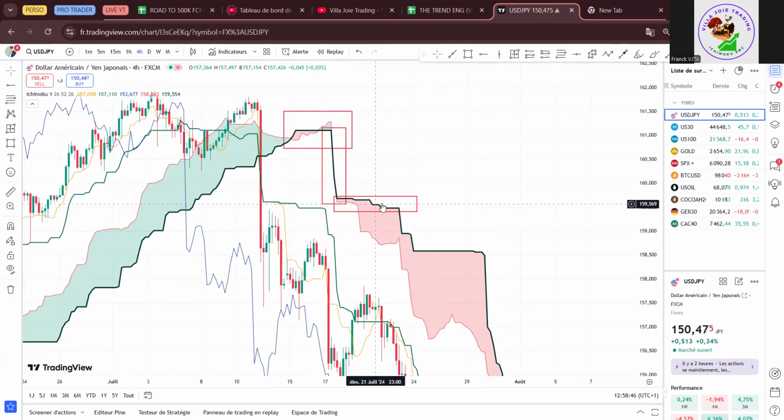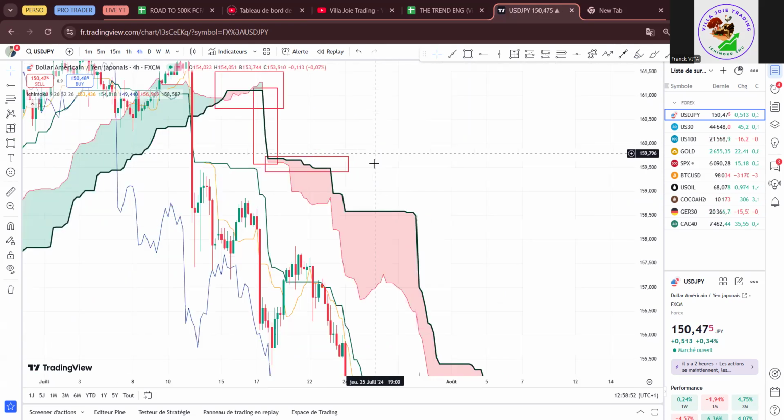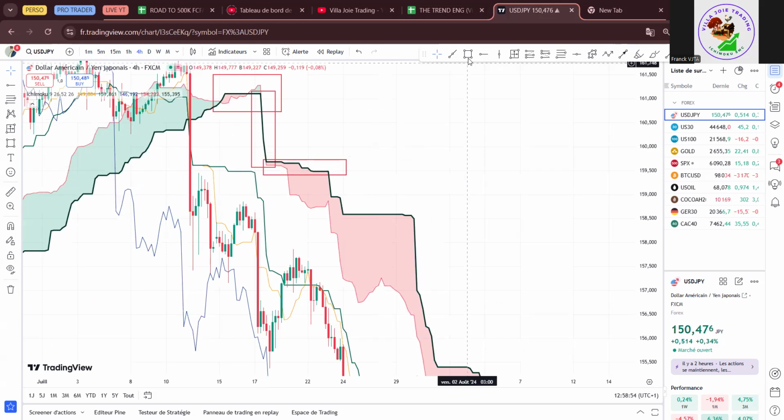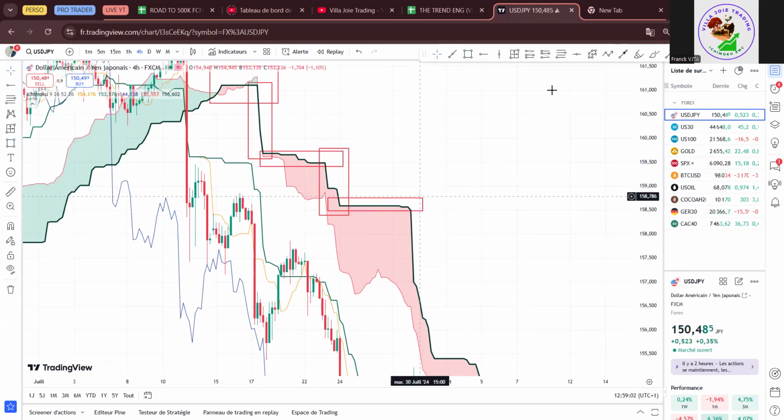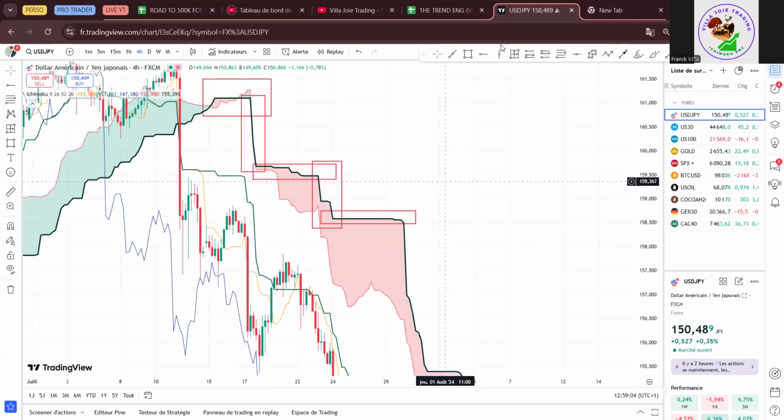This one is a plateau, right? This one is a plateau. But since they are all almost in the same place, I will take it as a stair, a specific stair. Then you have this inclination, but you have a small plateau here, and there's no problem about that. So that's how you know that these stairs are going to the downside, right?